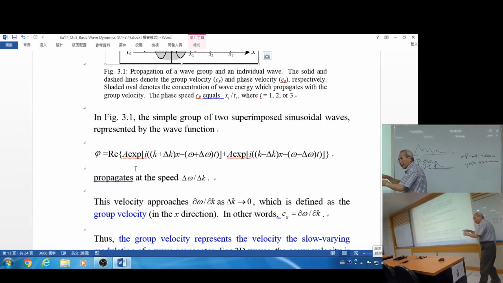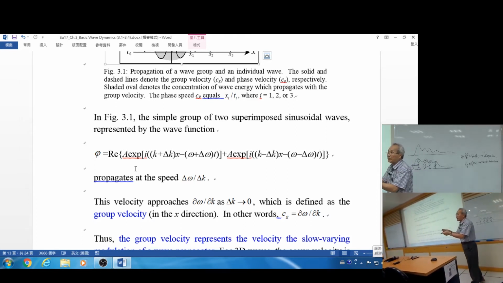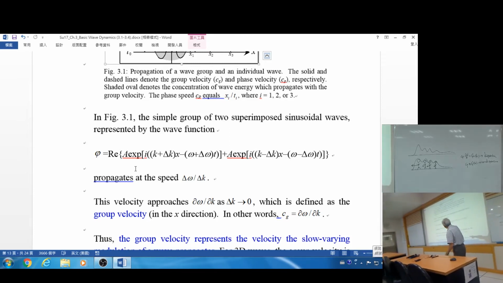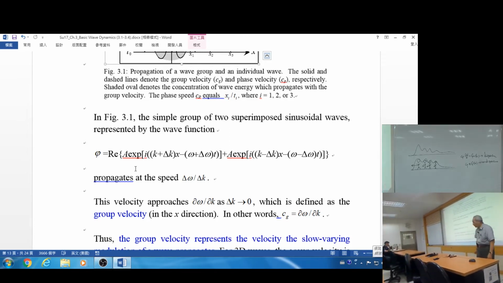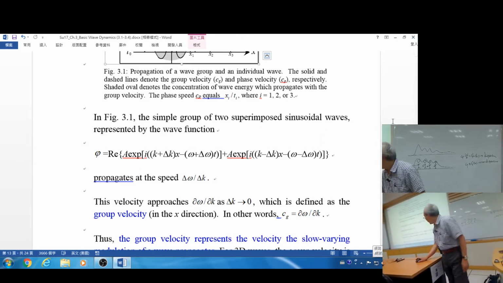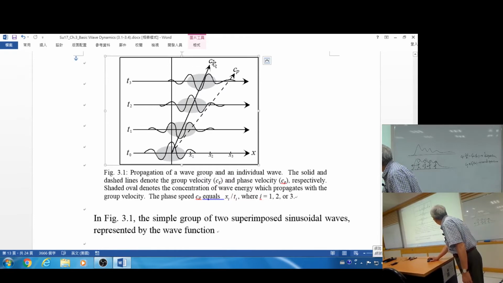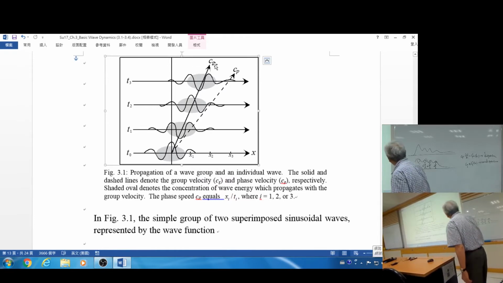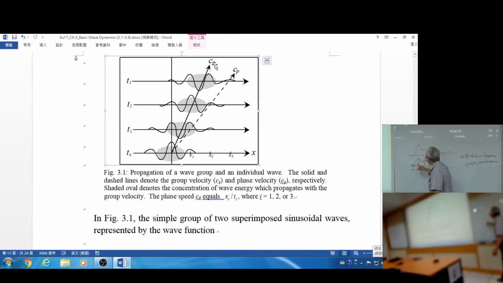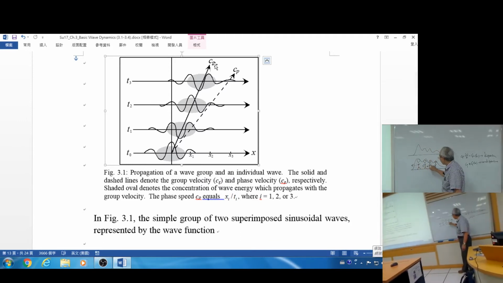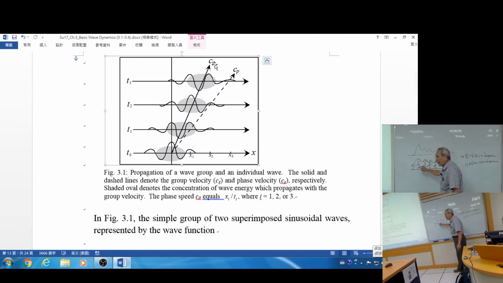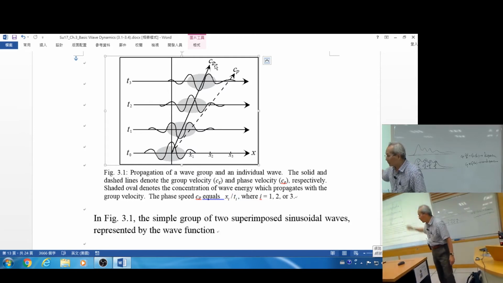If they give the same speed, that's non-dispersive, because the wave pattern is the same. So you can check group velocity and phase speed. If these two are equal, that means everybody is moving at the same speed as the whole group, then it's non-dispersive. Otherwise it is dispersive.